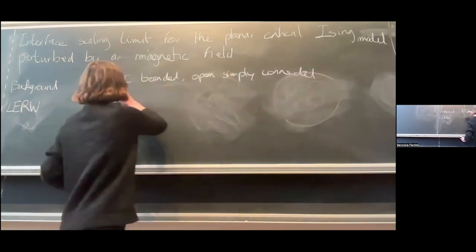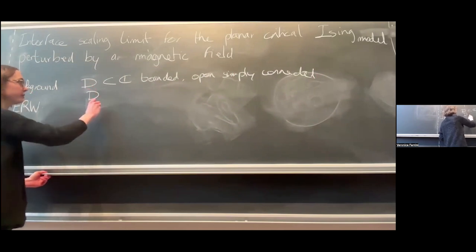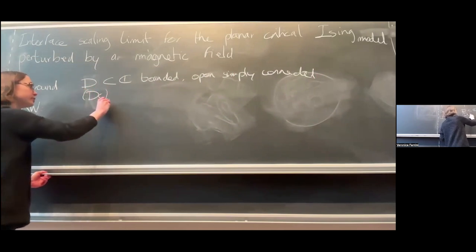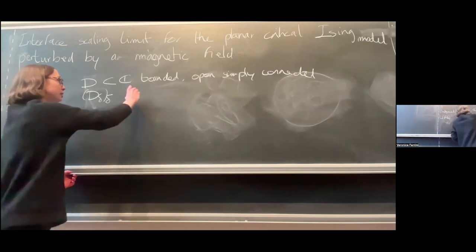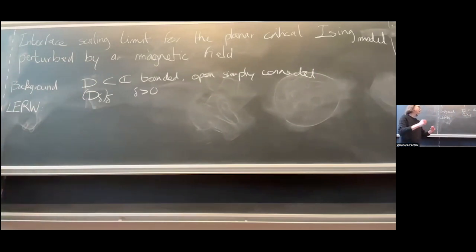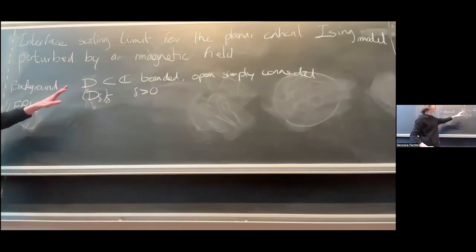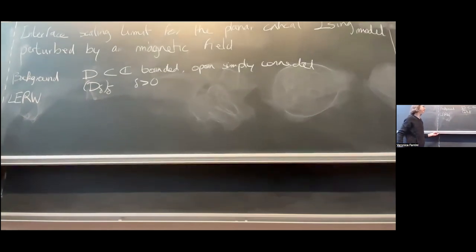This domain is a continuum domain, and I'm going to approximate it by a sequence D delta, where for each delta, D delta is a lattice of mesh size delta, and D delta converges as delta goes to 0 to my continuum domain D. You should think of D delta as either a subset of the square lattice or a subset of the hexagonal lattice, something simple like this.